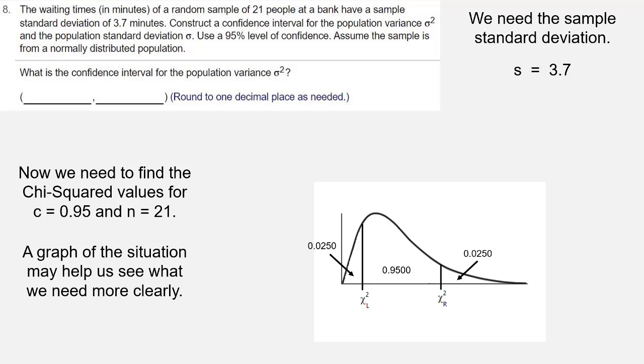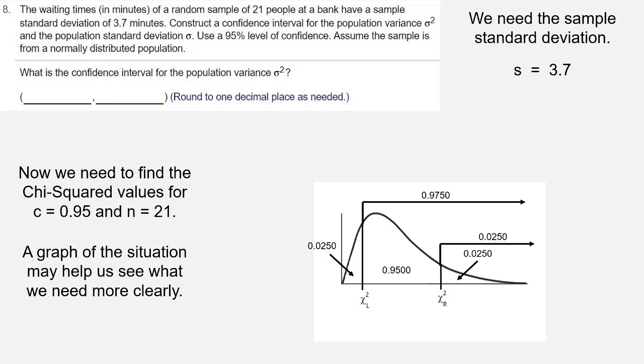The way that the chi-square distribution works is we're looking for area to the right of each chi-square value. So to the right of the chi-square L value, we have the area 0.9500, the central area, and then the right-hand tail area of 0.0250 for a total area of 0.9750. For chi-square R, the area to the right of that value is only the right-hand tail, which is 0.0250.